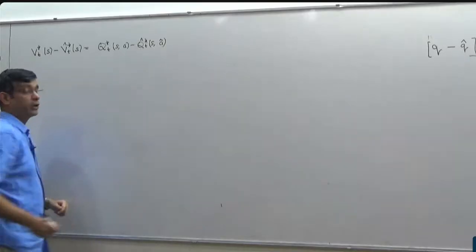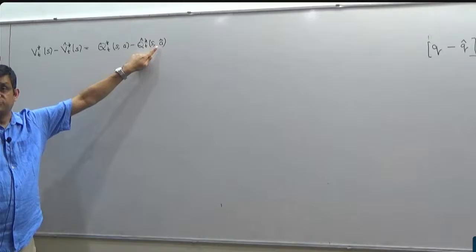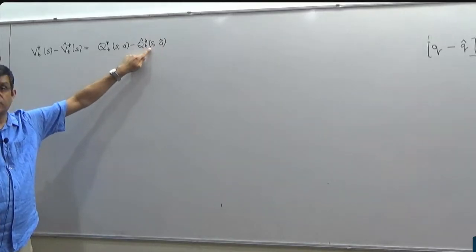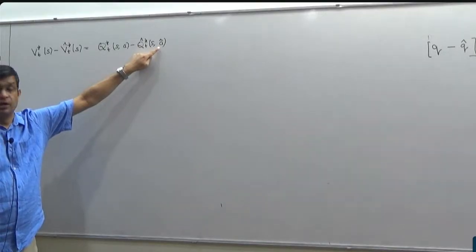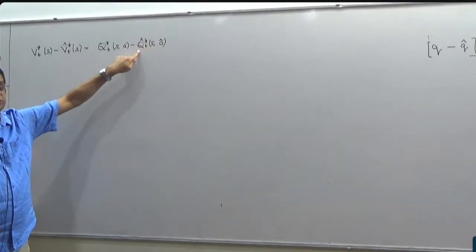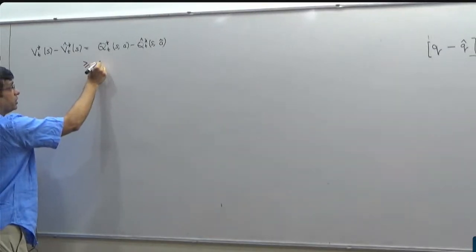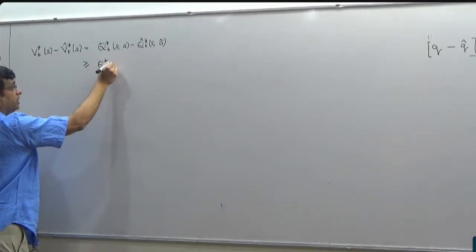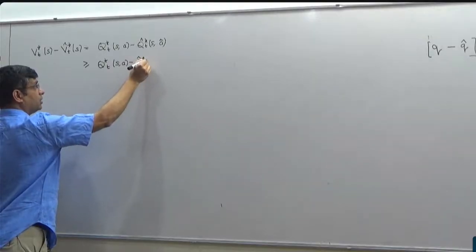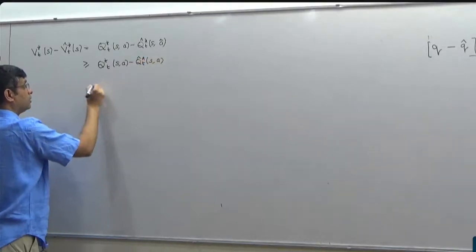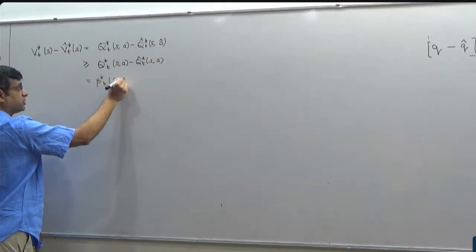And now what I am going to do is replace this action A hat with A. Since A hat was the optimal action here, if I replace it with a different action, the q function will increase. And if the q function increases, but this is with a negative sign, I will get an inequality in the other direction. This is greater than or equal to q star t of S and A minus q hat star t of S and A, which is going to be equal to beta star t of S and pi star t of S.